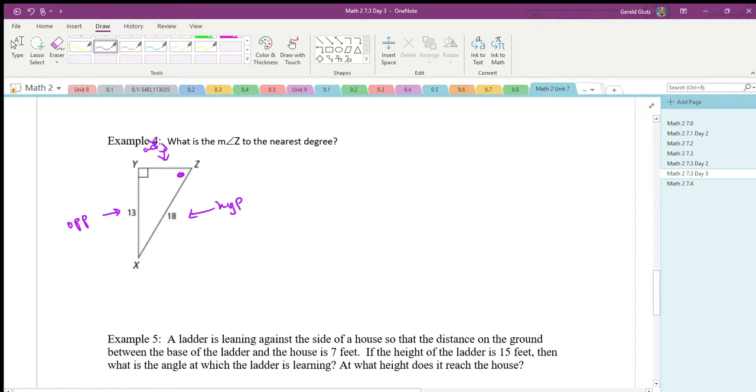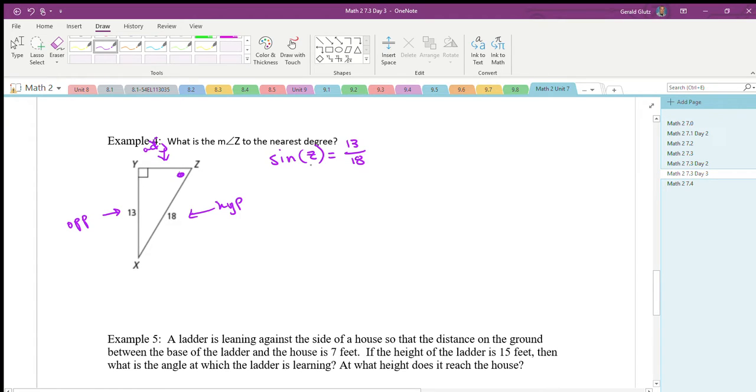So we are given the opposite leg and the hypotenuse. So O and H. So which one uses O and H? So SOHCAHTOA. That'd be SOH. So that's sine of Z equals the opposite over the hypotenuse. So 13 over 18.